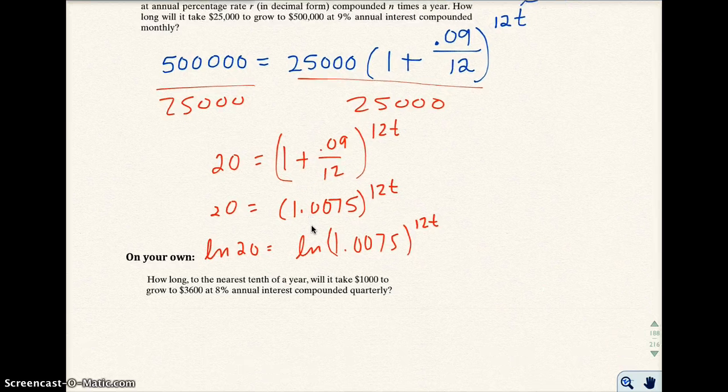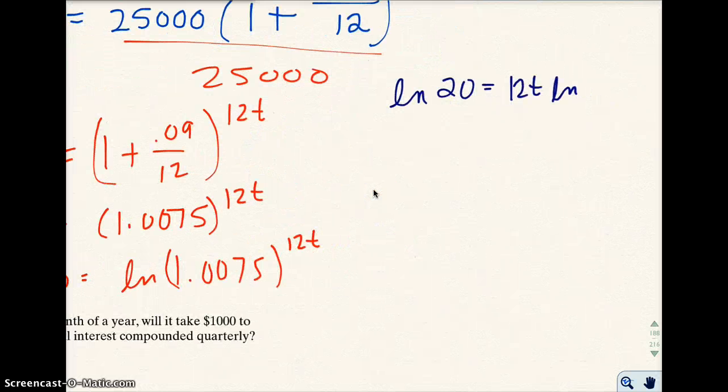And I can use the power rule to move the exponent out to the front. So I get the natural log of 20 equals 12t times the natural log of 1.0075.